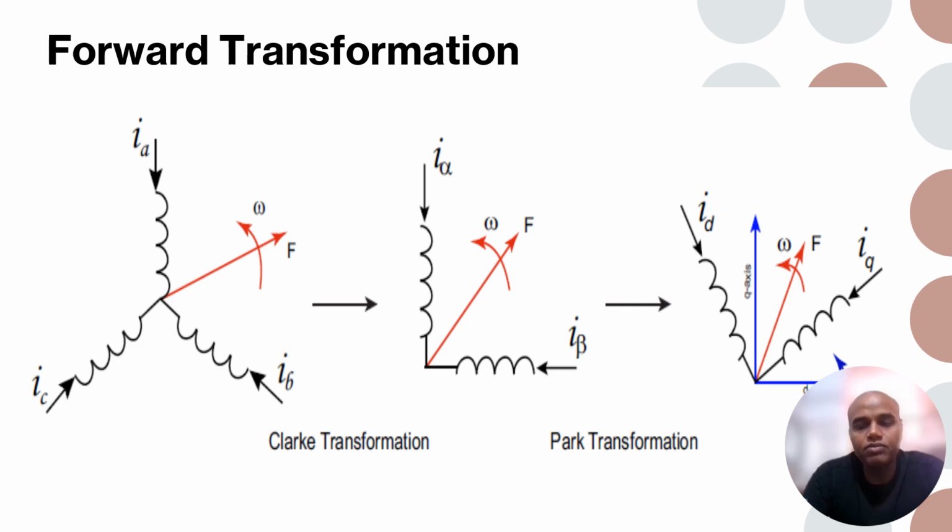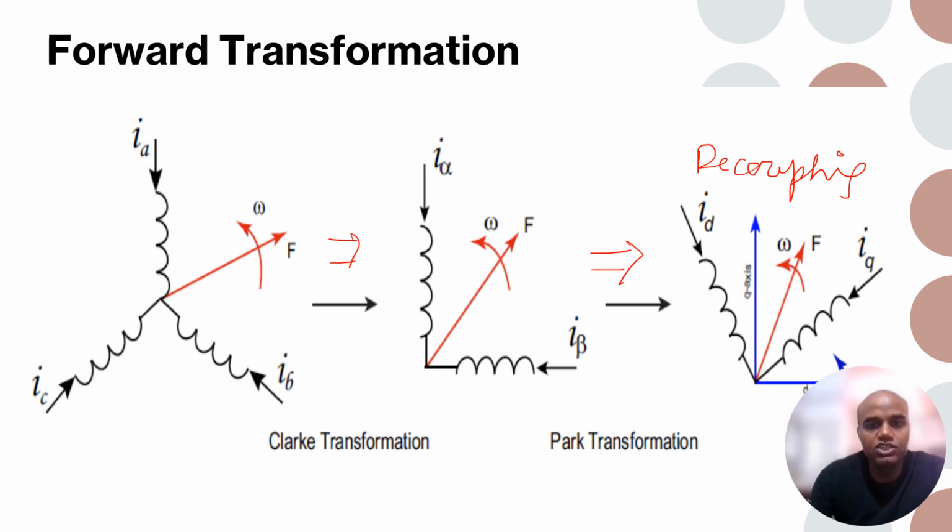Taking feedback from the rotor position, we convert from three-phase to two-phase orthogonally placed, and then from two-phase to DC component values in the direct axis and the quadrature axis. Through this we have the decoupling. So decoupling is done through the two transformations.